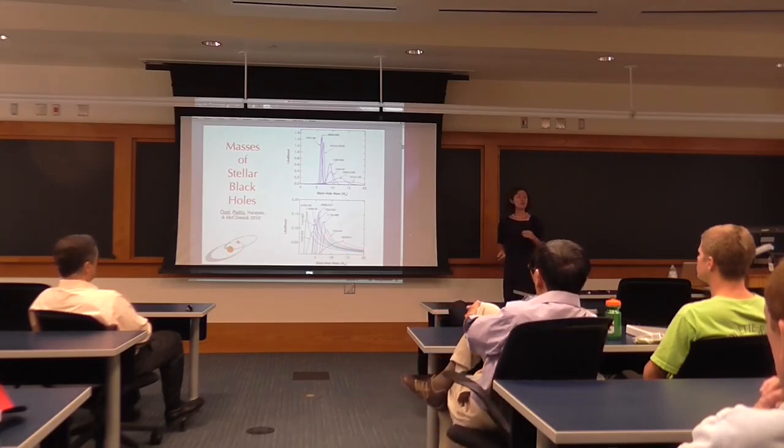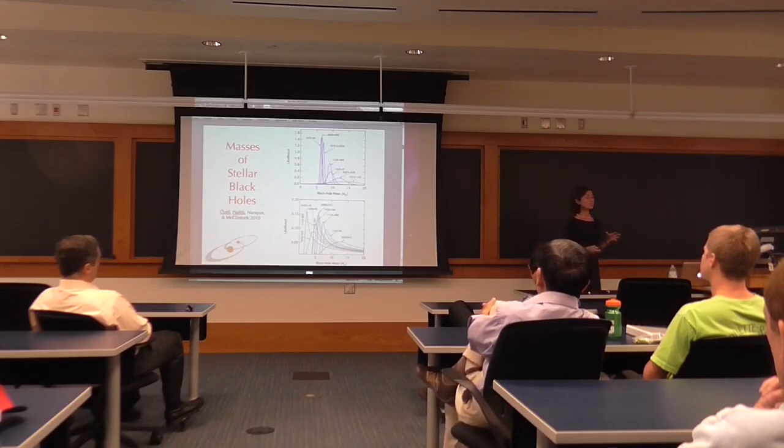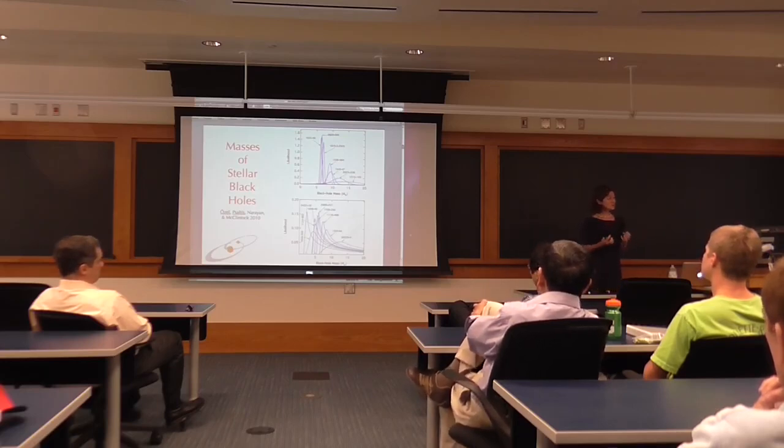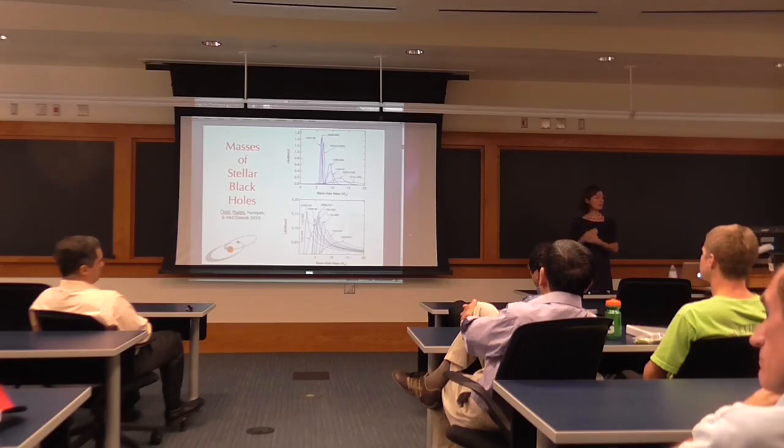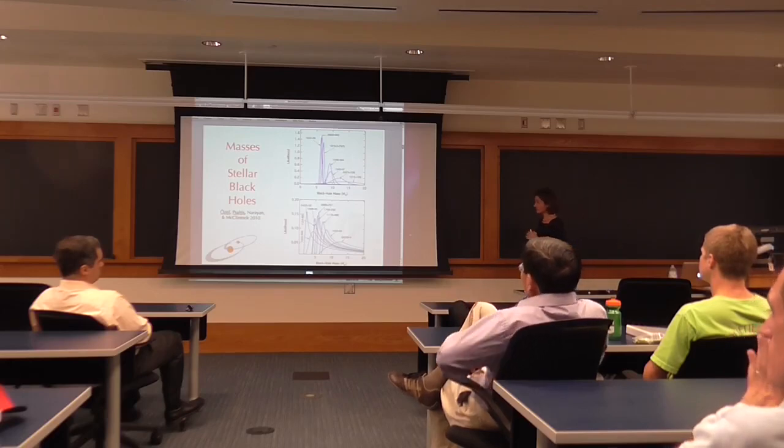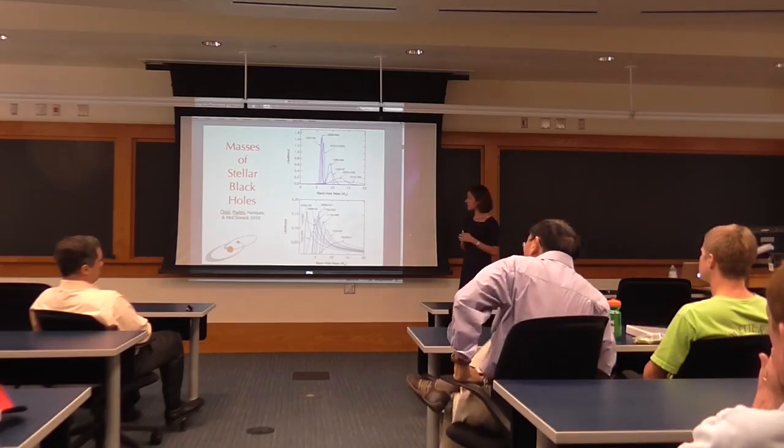Okay? So now the question is, what is the underlying distribution of stellar mass black holes from which these data could have been drawn, given each and every one of their statistical uncertainties?